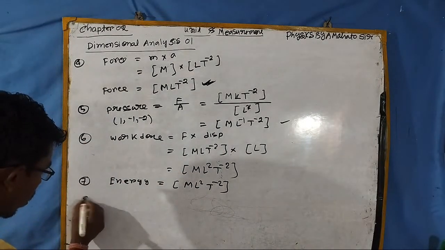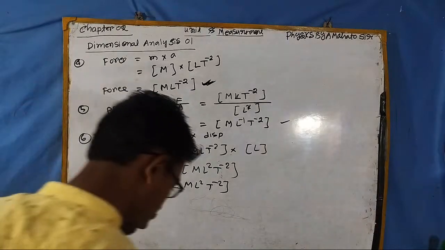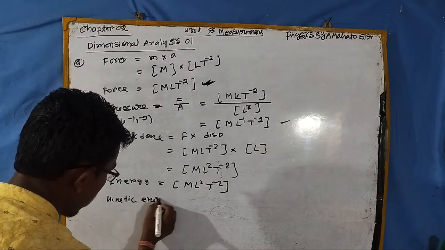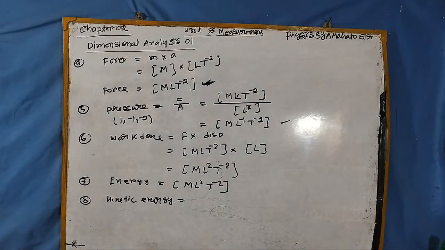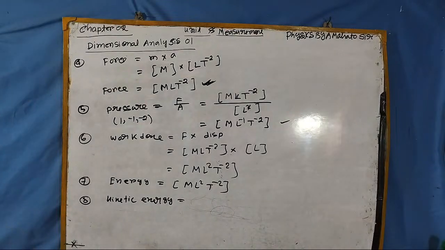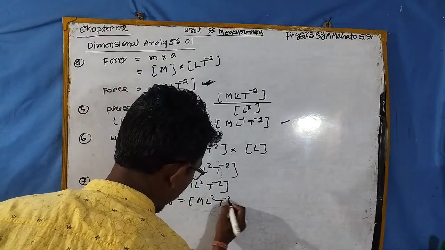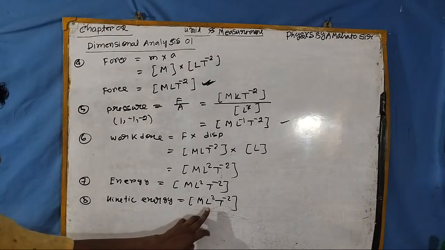Next, kinetic energy. Kinetic energy means energy, so kinetic energy dimension is ML^2T^-2.